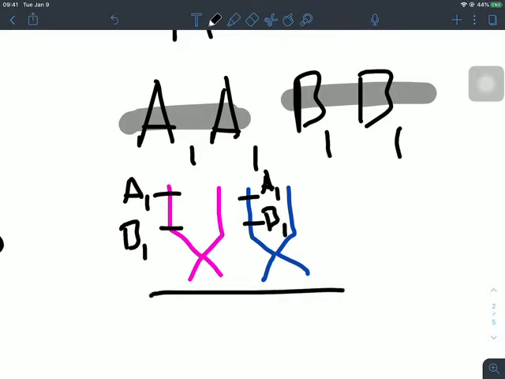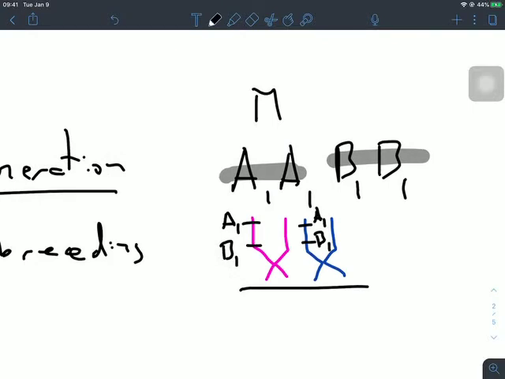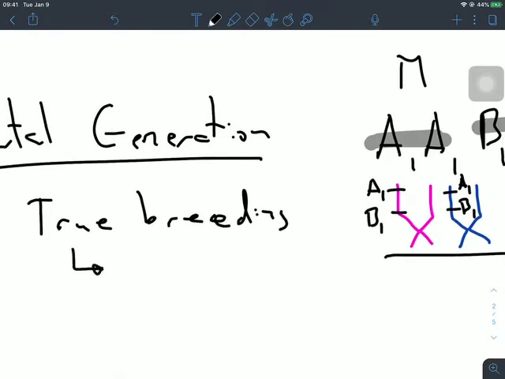So who cares what chromosome it derives from? Mom is always going to be donating these two alleles, meaning that the parental generation is oftentimes homozygous.